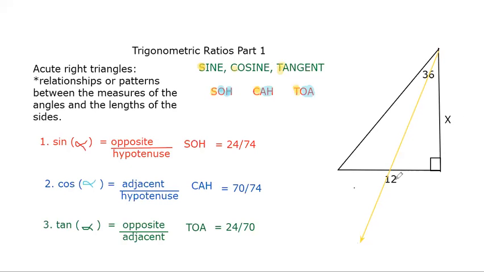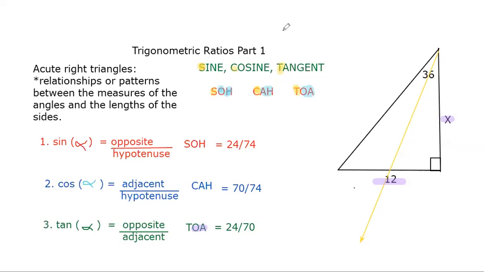So we have opposite and we're trying to find adjacent. We need to find a ratio that deals with opposite and adjacent. And that would be the tangent. We don't know anything about the hypotenuse, so we can't use number 1 or number 2.